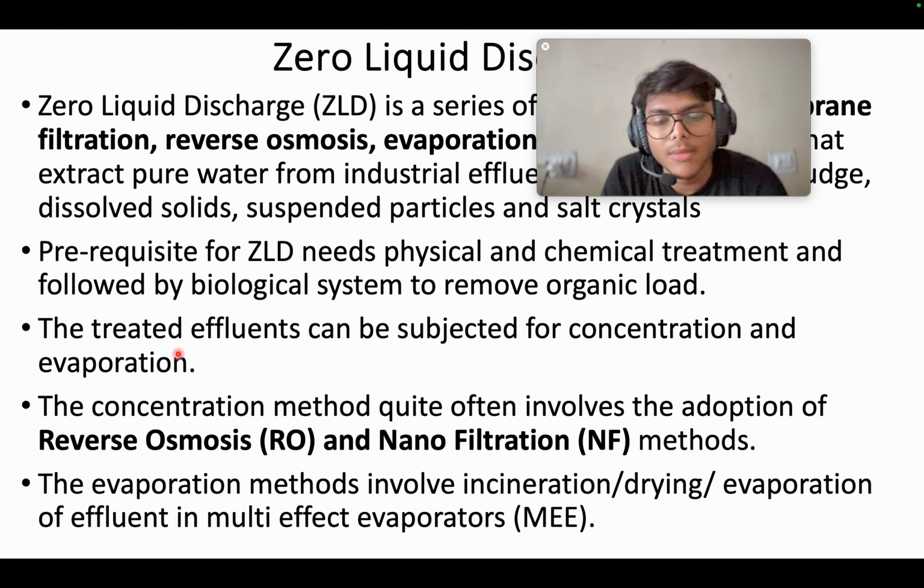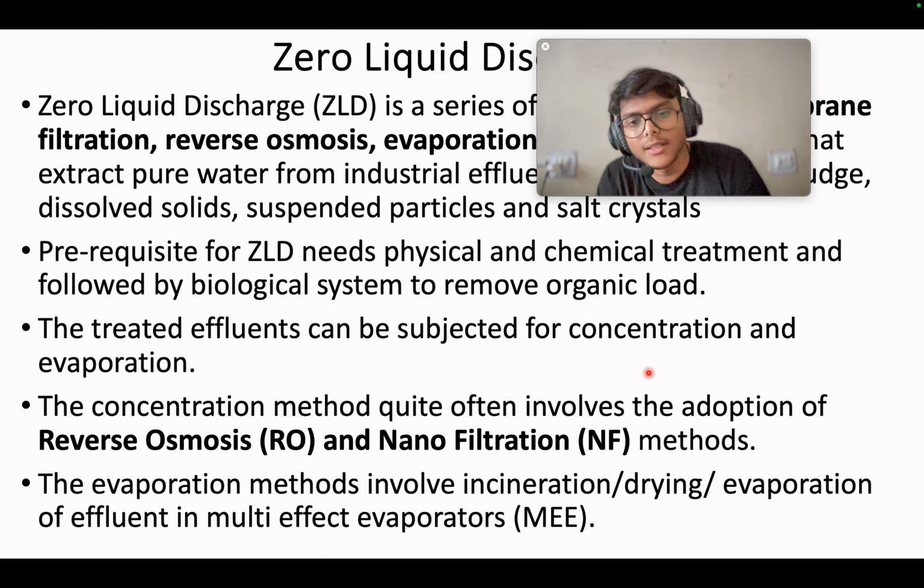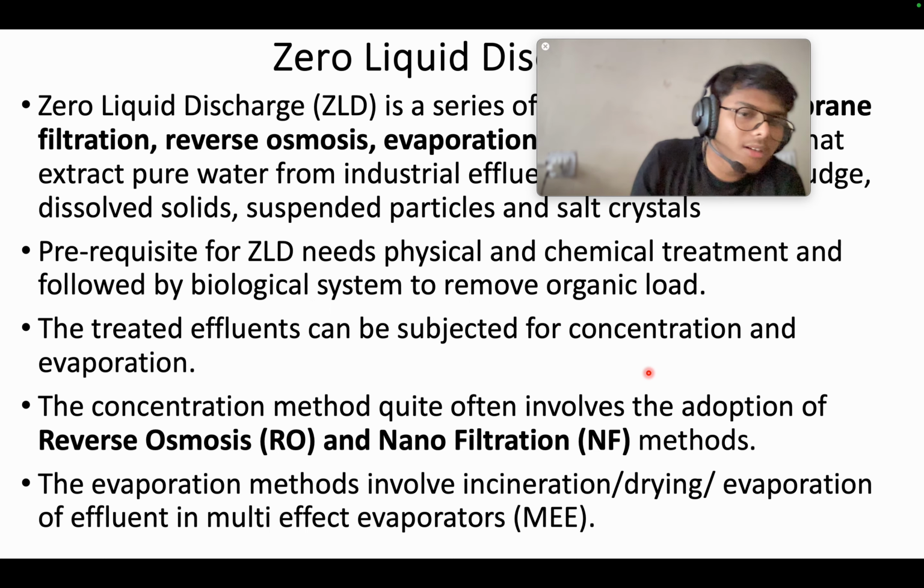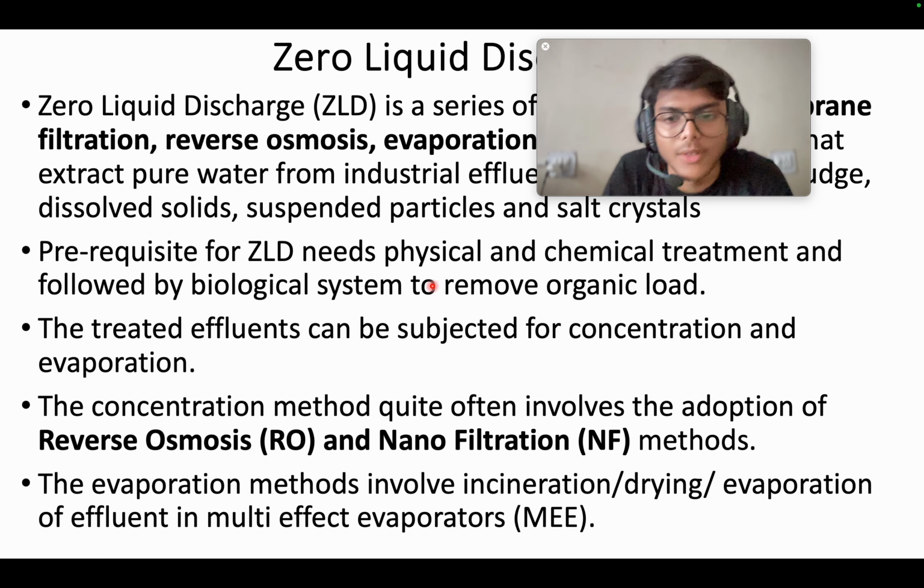The concentration method quite often involves the adoption of reverse osmosis and nanofiltration methods. Further, we'll be using the abbreviation RO for reverse osmosis, and for nanofiltration we'll be using NF.